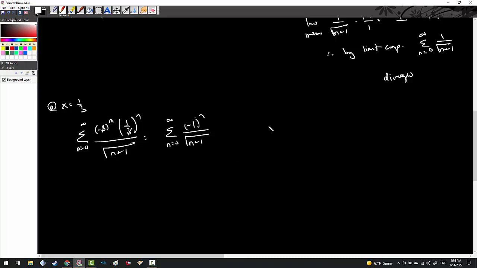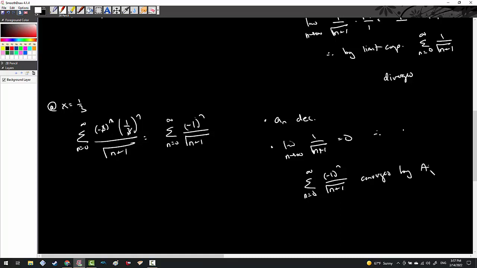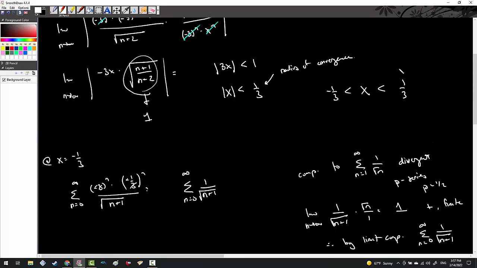That looks like an alternating series, in which case a_n is decreasing, and the limit as n goes to infinity of 1 over root of n+1 equals 0. So this is convergent by the alternating series test. So the sum from n equals 0 to infinity of (-1)^n over root of n+1 converges by AST. So we've got divergent on one end, convergent on the other, which means this is going to look like this. And that is our interval of convergence for this particular question.